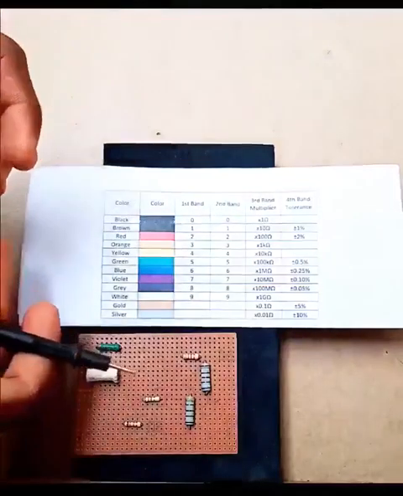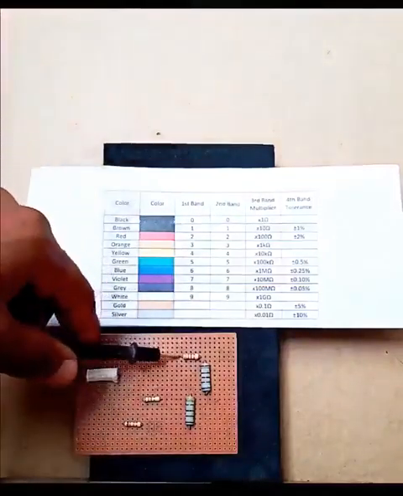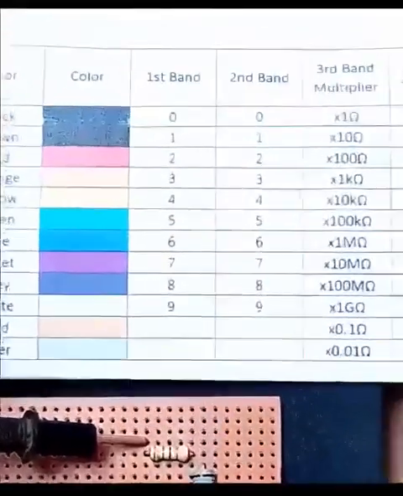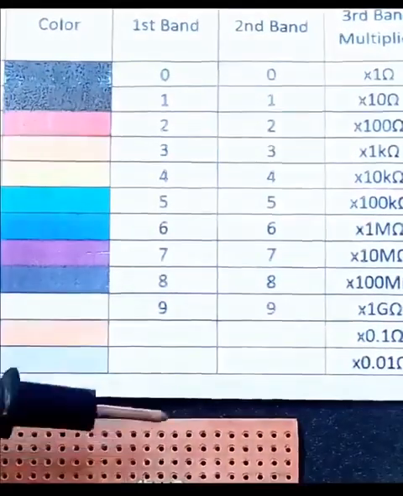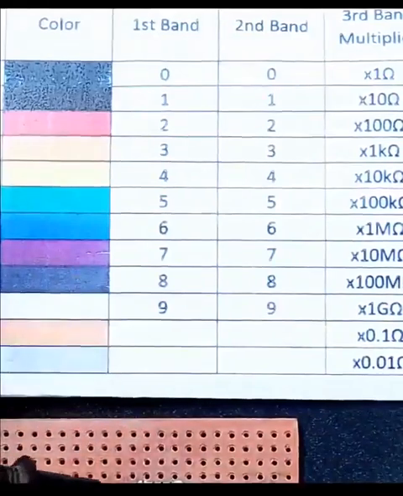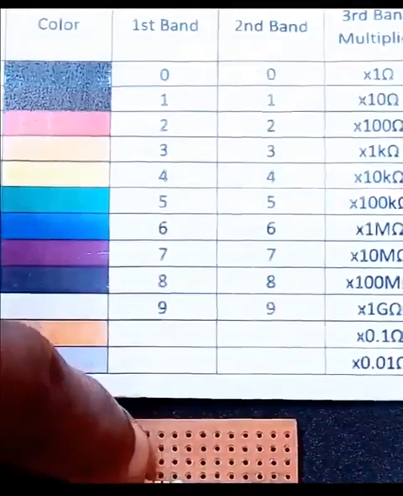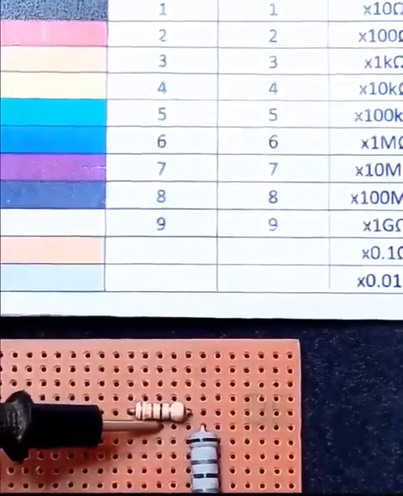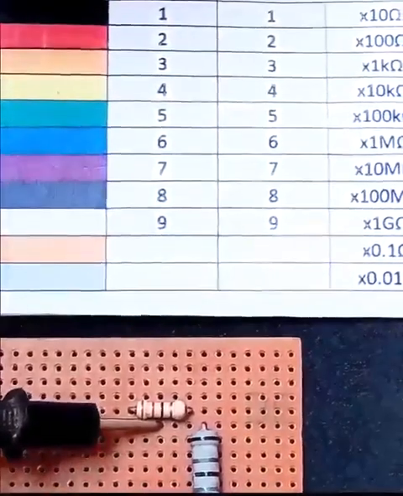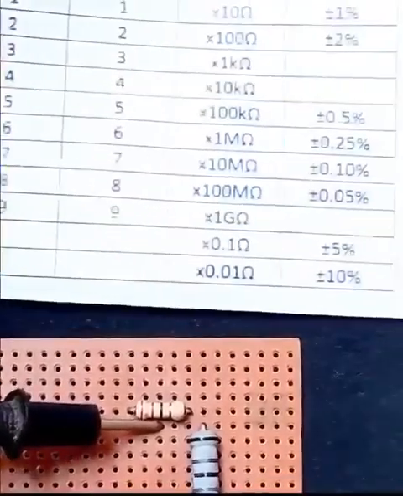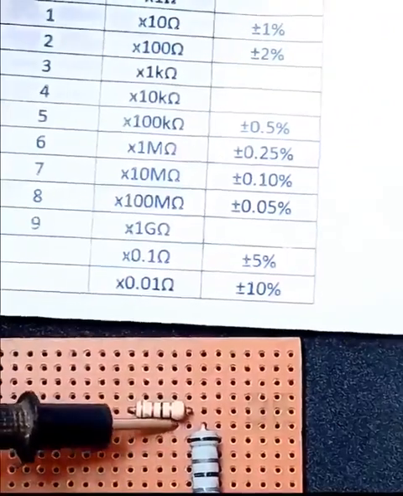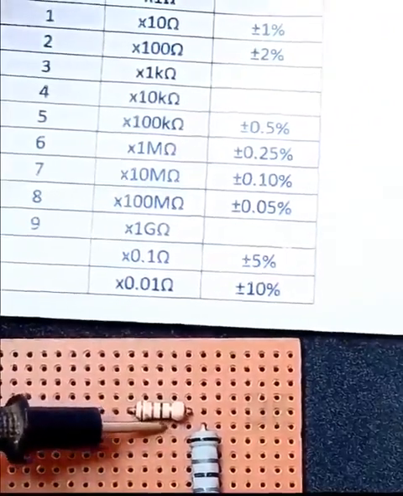The reading. We choose this resistor for our first reading. The color bands: first band is red, second band is red, third band, the multiplier band, is black, and the 4th band, the tolerance, is gold.